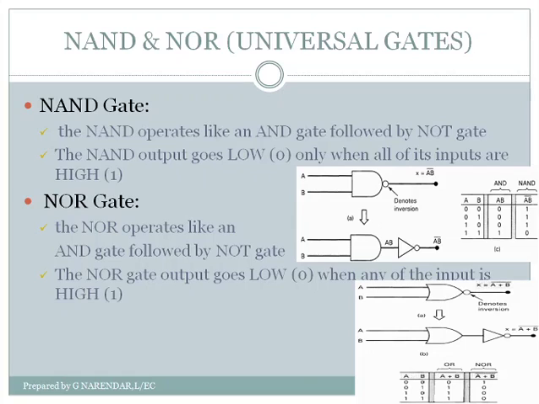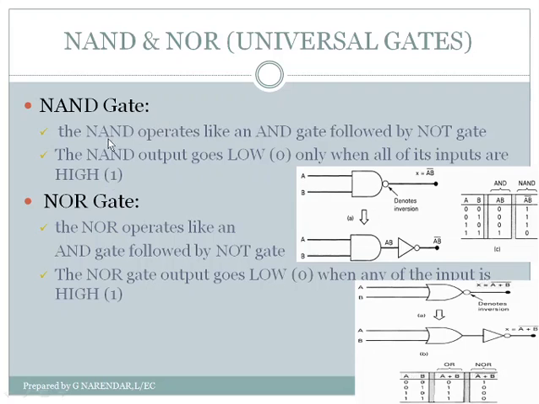Apart from the basic gates AND, OR, NOT, we also have two more logic gates, called universal gates, NAND and NOR logic gates. First we look at the working of the NAND gate.